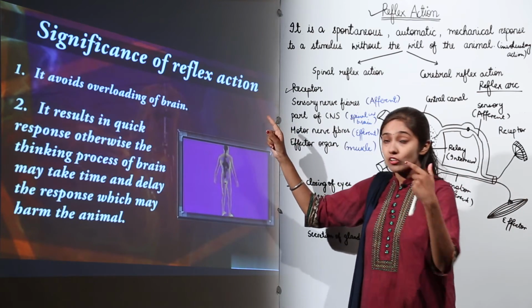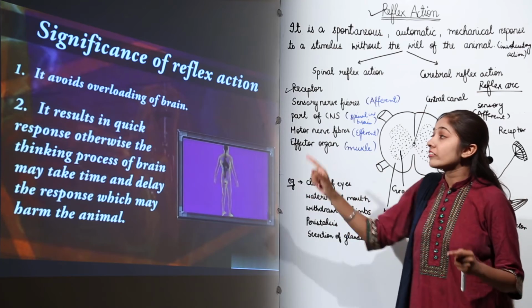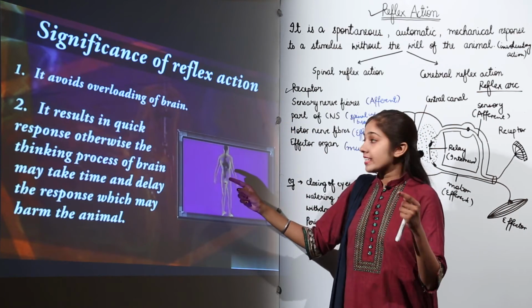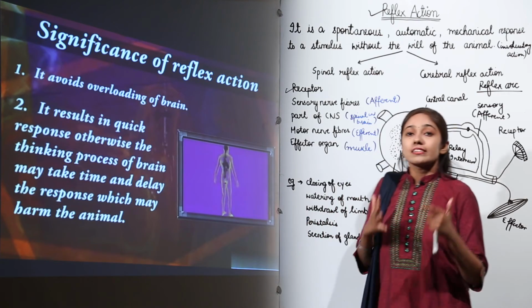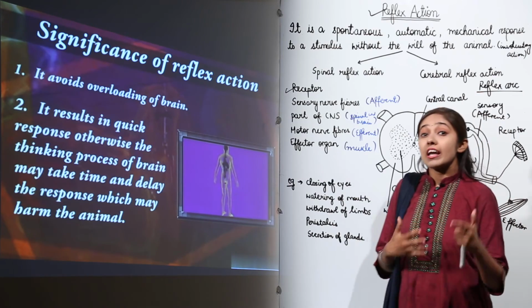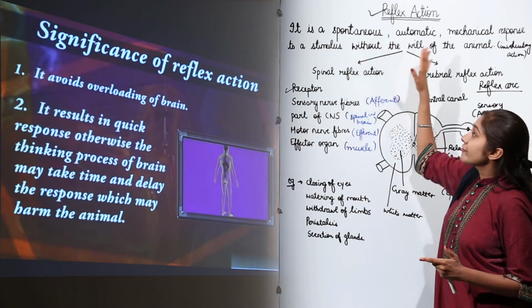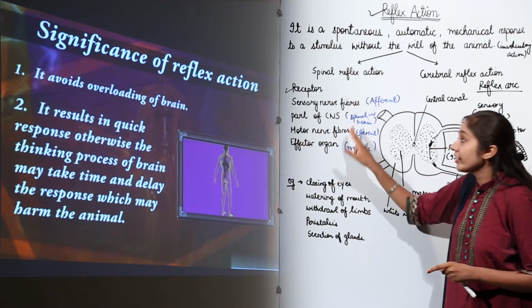Number one, it avoids overloading of the brain, and number two, it results in a quick response, otherwise the thinking process of the brain may take time and delay the response, which may harm the animal. So this reflex action is providing a survival advantage also. Understand the significance, learn the definition and learn the mechanism, which is very important.